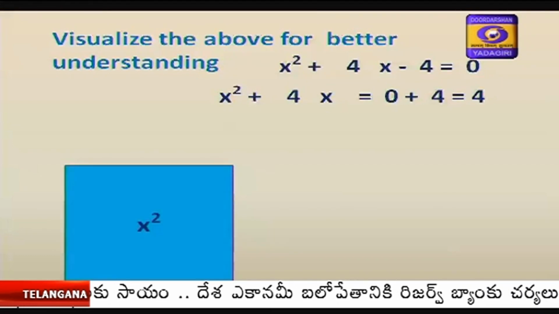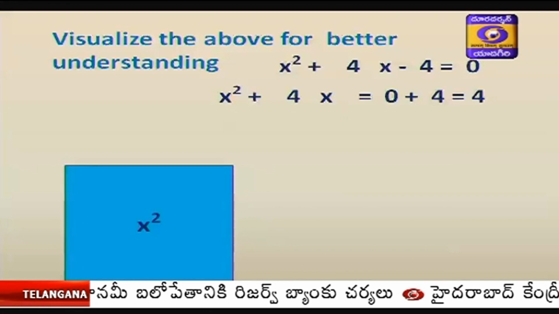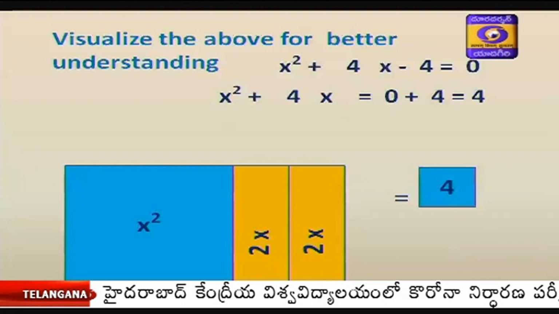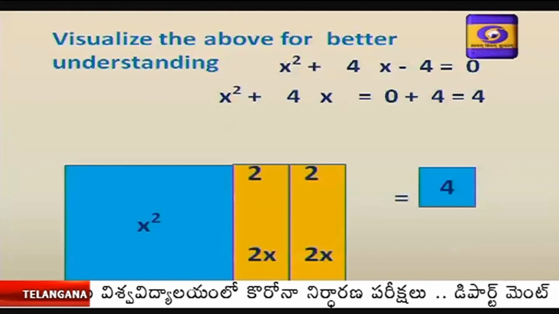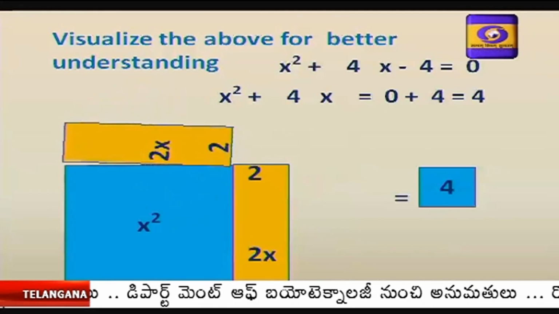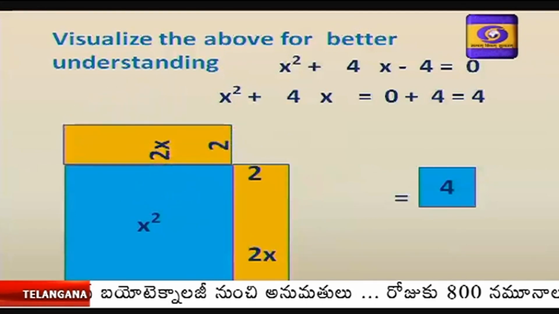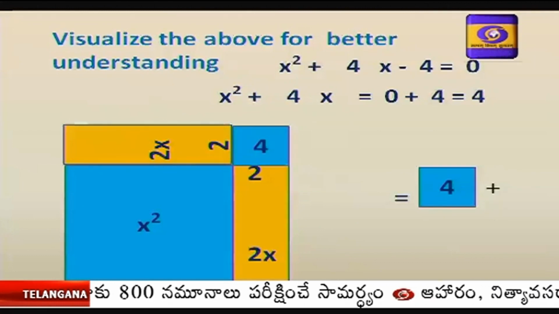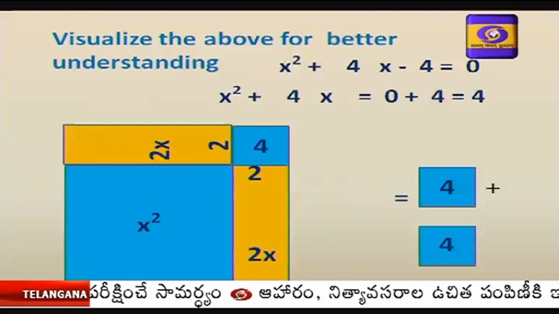Then I am taking the x square term as x square and 4 x equals to 4. Then I am making half exactly of term b and sending it to the top of this a. Now, what is the gap? 2 into 2 is 4. I am adding 4 on this left hand side. So, I am adding 4 on the right side also.